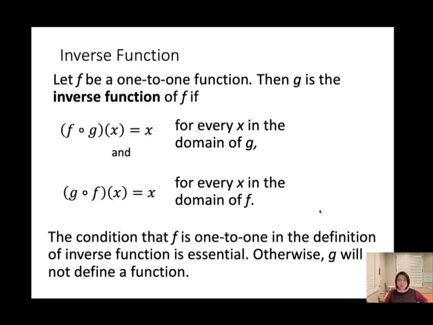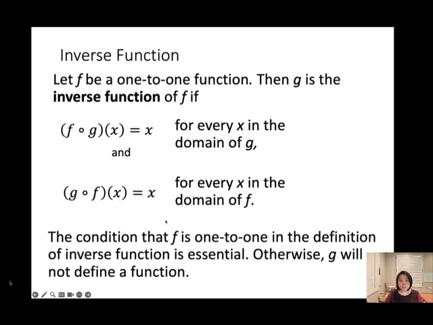And let f be a one-to-one function, then g is the inverse function of f if f of g of x equal to x and g of f of x equal to x, for every x in the domain of g and for every x in the domain of f. So inverse functions: let f be a one-to-one function, then g is the inverse function of f if f of g of x equal to x and g of f of x equal to x.